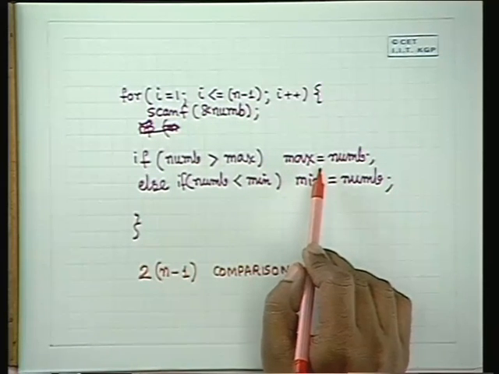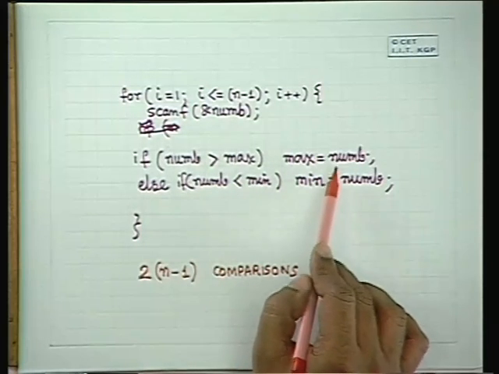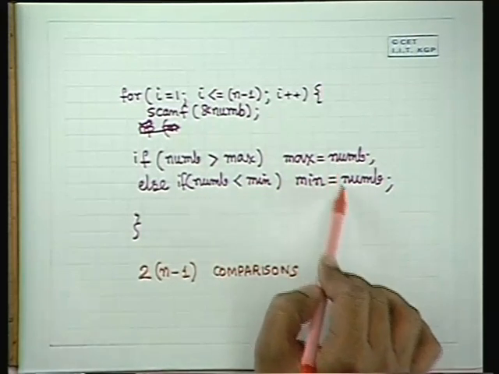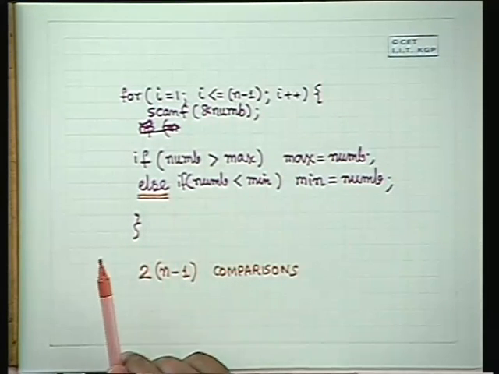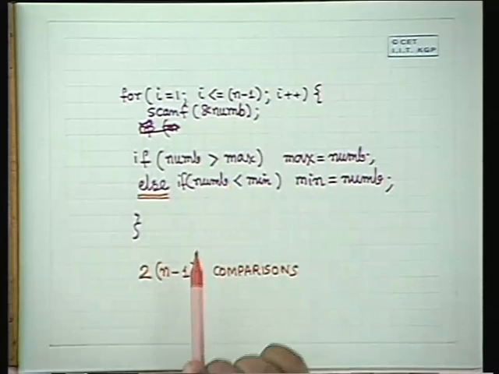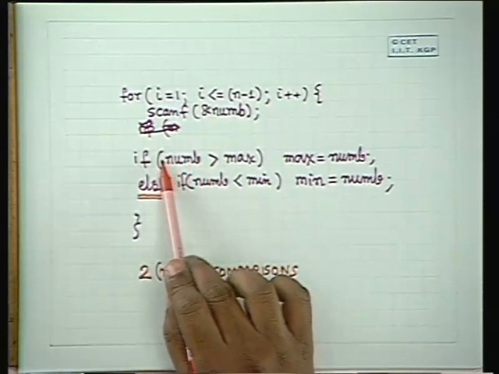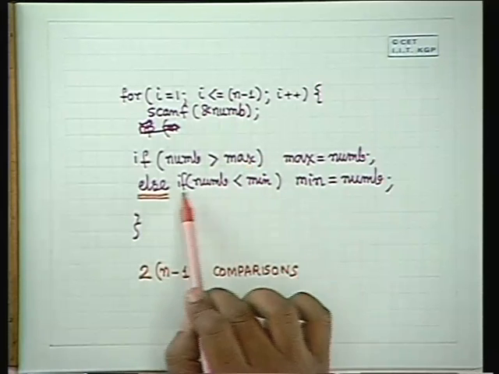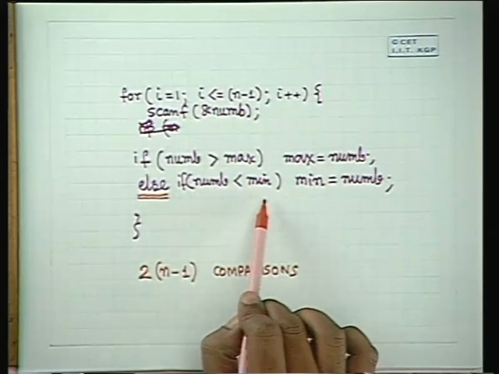In the worst case, we made both the comparisons and only one of the assignments. You cannot make both the assignments; you will make only one of the assignments and both the comparisons. Now when we put this else, we did not always make both the comparisons inside the loop. If this comparison turned out to be true, we did not make the other, but if this turned out to be false, only then we made it.